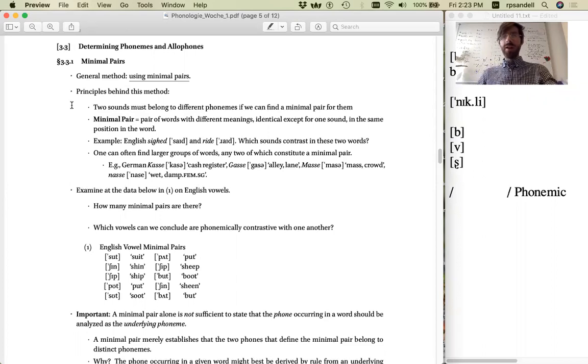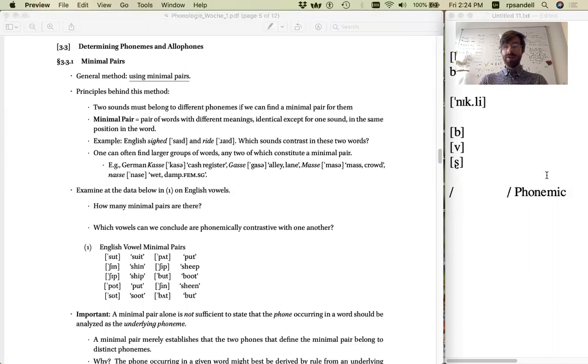Okay, so now for the rest of this lecture, what we're going to be doing is introducing the crucial analytical methods that can be applied for trying to discover the contrastive sounds of a language, departing from surface representations, from phonetic representations, and then how to properly write phonological processes, phonological rules to map from an underlying phonemic representation where we have some processes applying.